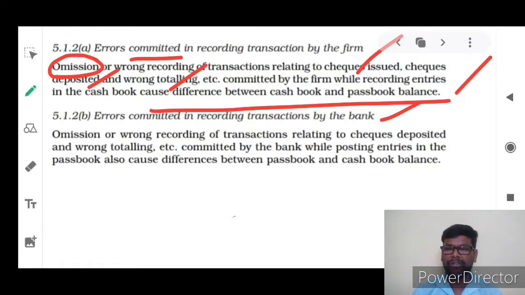Then again we meet the bank manager, and he rechecked all the details, and finally yes, he apologized. Then he asked us to write a letter saying the amount was not credited to our account properly. Then we wrote a letter to the banker, and the banker immediately changed it.